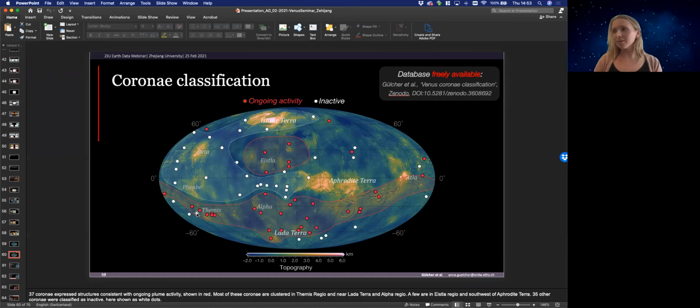What I would suggest is that this Themis region really has a high cluster of these active shallow structures. Some other studies have also indicated that the Themis region is a sort of hotspot, due to other volcanic observations.